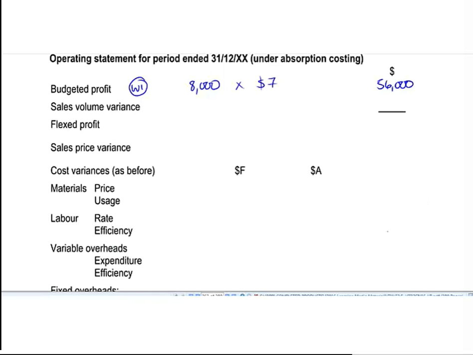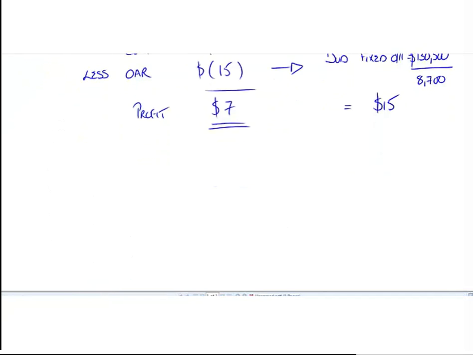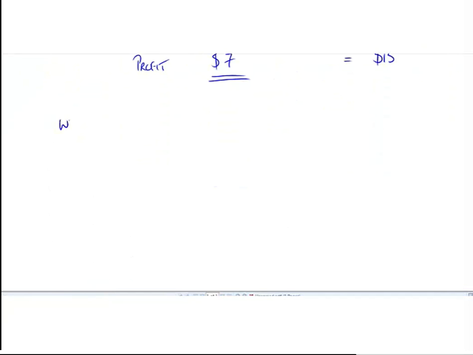Our sales volume variance is the difference between the number of units we planned to sell and the number of units that we actually sold. But what we need to do now is value that sales volume variance at profit per unit as opposed to contribution per unit. So I'm going to do another working for our sales volume variance. You might want to take another sheet of paper just to give yourself plenty of space. Move down. For working 2, we want that to be our sales volume variance. I'm just using SV for sales volume.